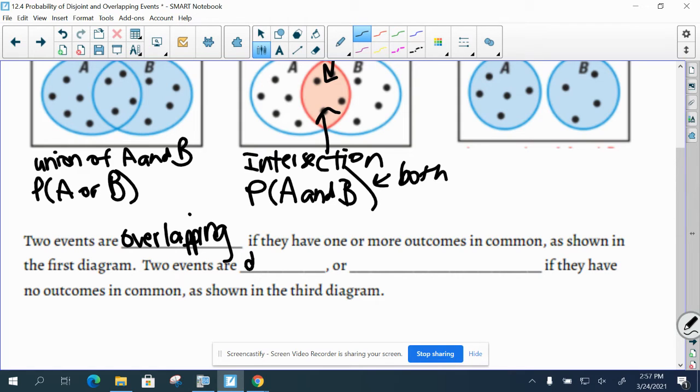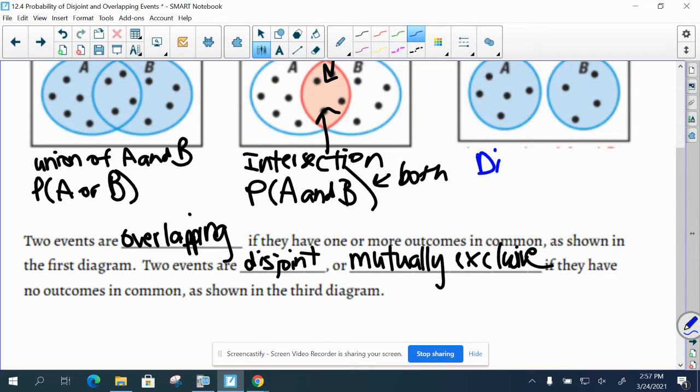Two events are disjoint or mutually exclusive if they have no outcomes in common, as shown in the third diagram. So the third diagram represents if A and B are disjoint, or we say mutually exclusive. Means the same thing.